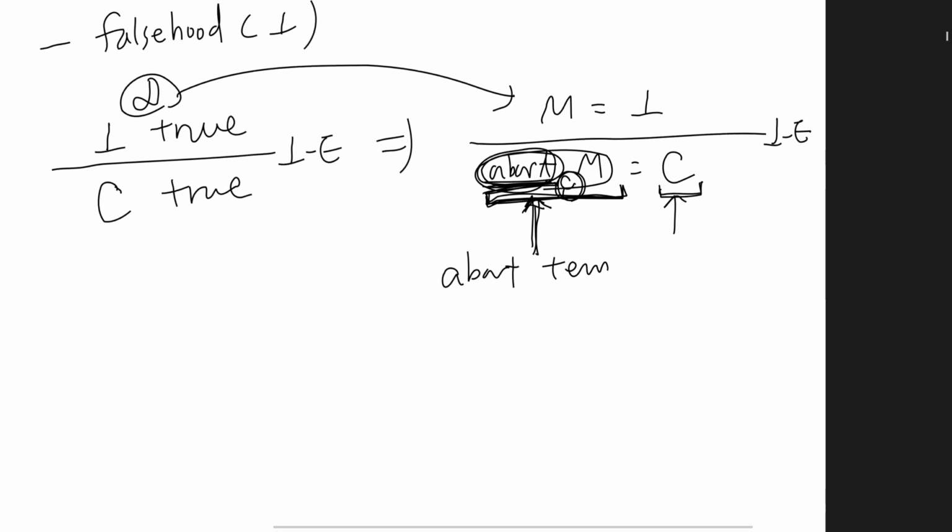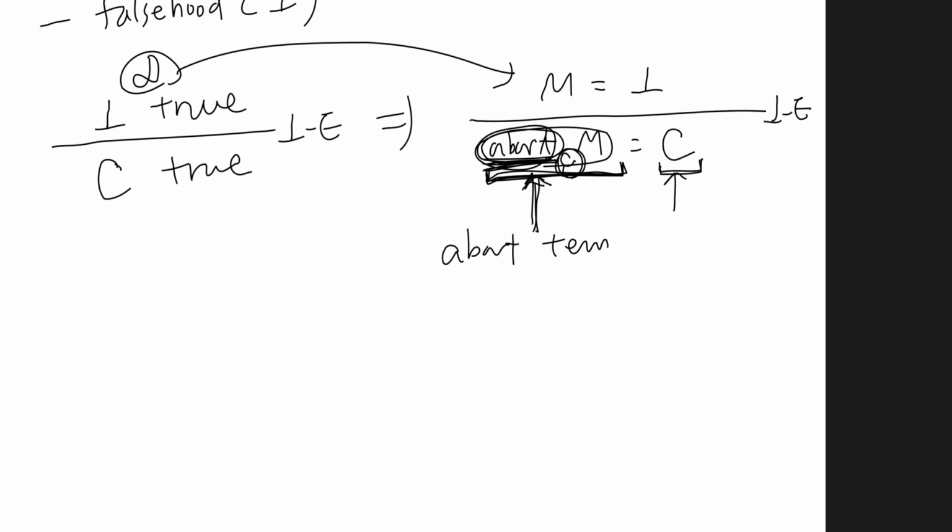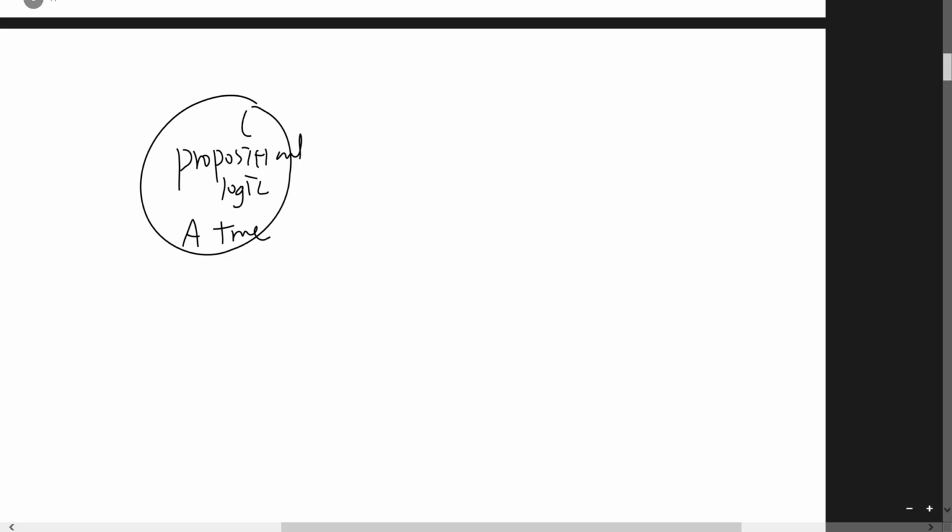Now let me summarize the whole story so far. So we have this propositional logic using truth judgment, A true, and we use this proof. And it is formulated in natural deduction style.